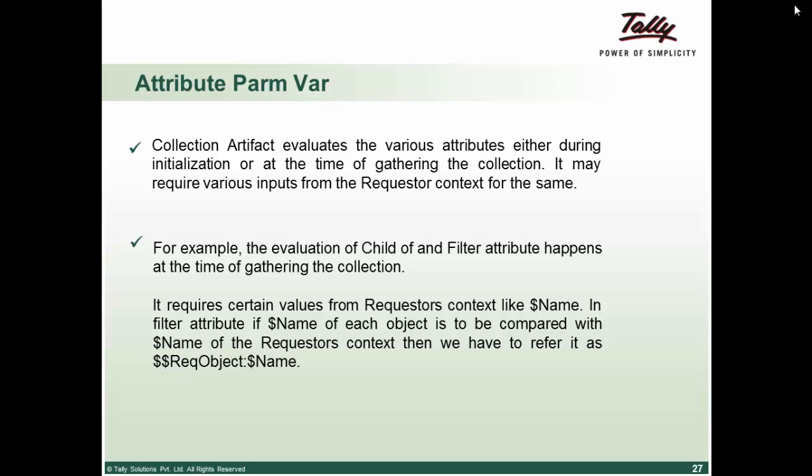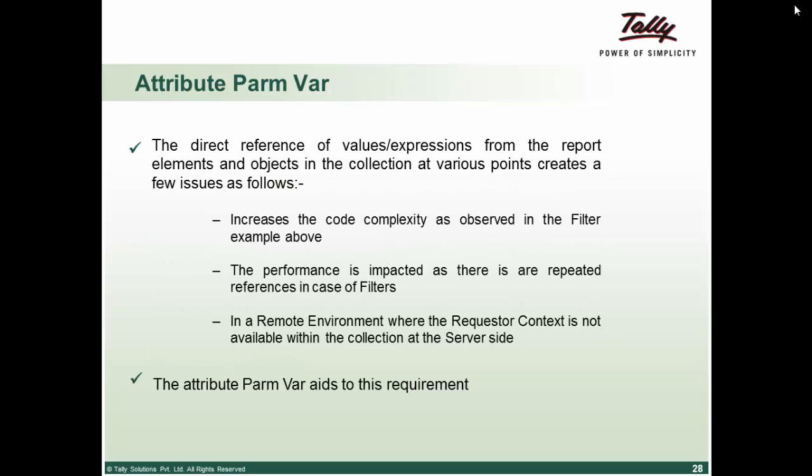So each time it has to refer to the requester. It might require the function $rec object colon $name to refer to that particular group name to get the value. With the direct reference of these expressions, you try to call the $name from that particular object.